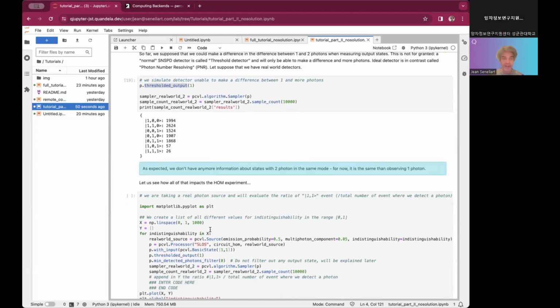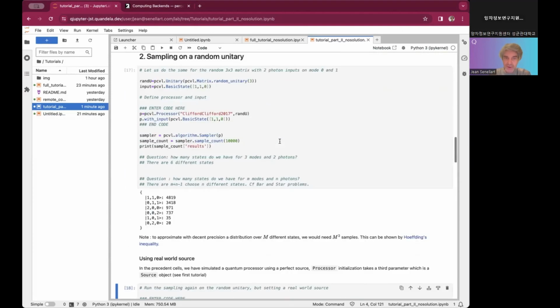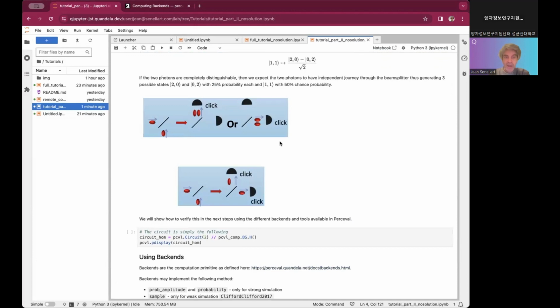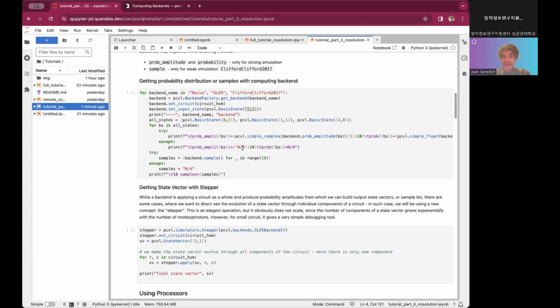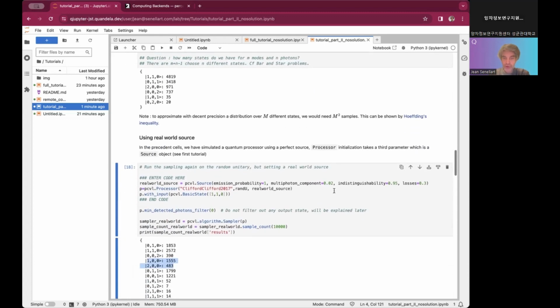So let us apply that to the HOM experiment. What we want to do is run that experiment, the HOM that we have here, but we will vary the indistinguishability parameter that we have on the source. We make that parameter vary between 0 and 1.